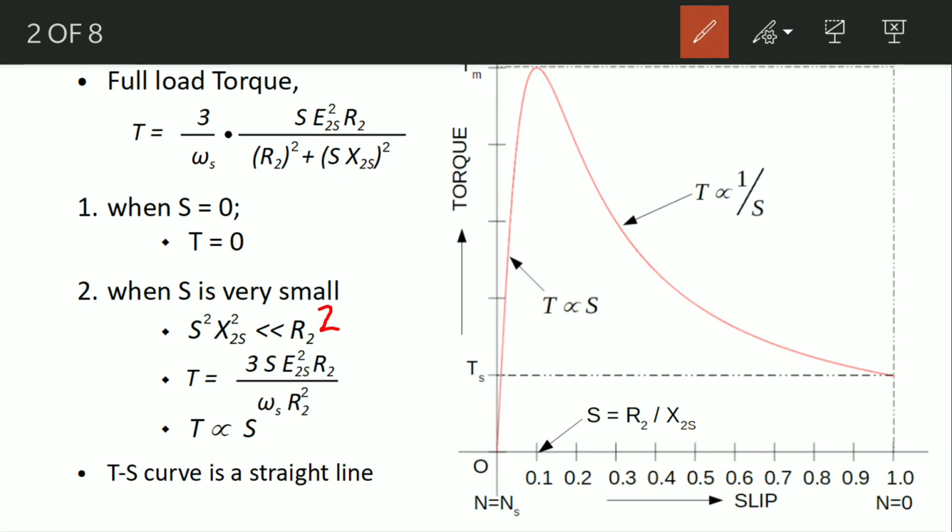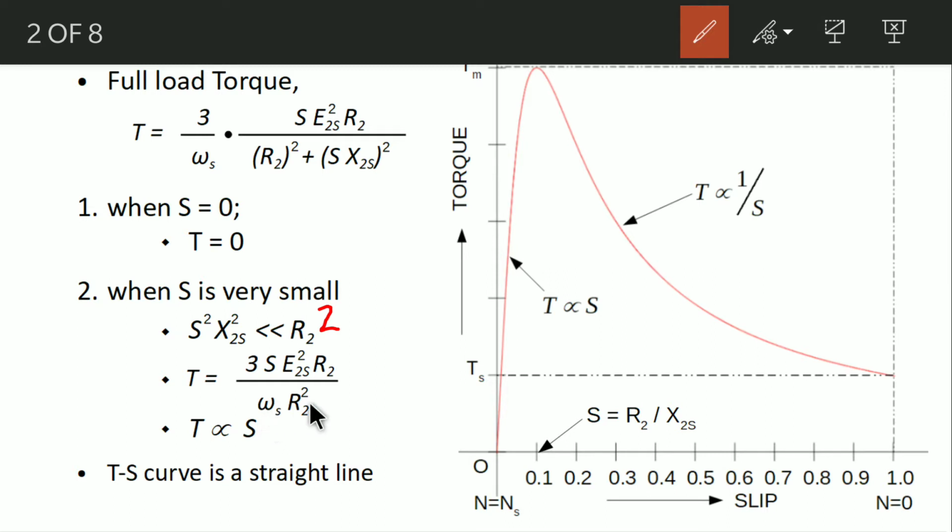If we neglect it in this equation, what will we remain with? T is equal to 3 s E2s square R2 divided by omega s R2 square. Now R2 cancels out with the square.